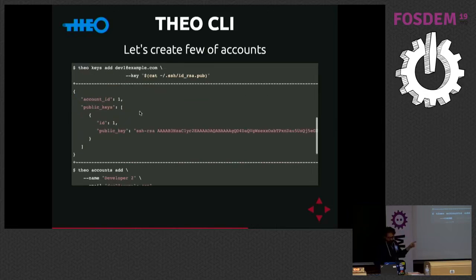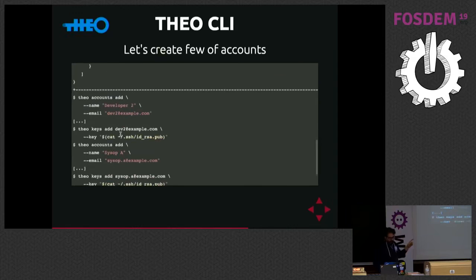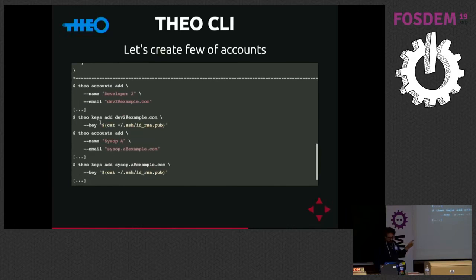As you can see by the output, the first account we created is assigned this public key. Then we can create another account here, and I will push the same public key. And do the same for the third account.